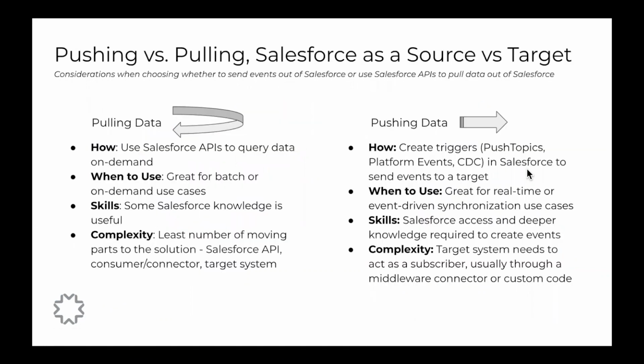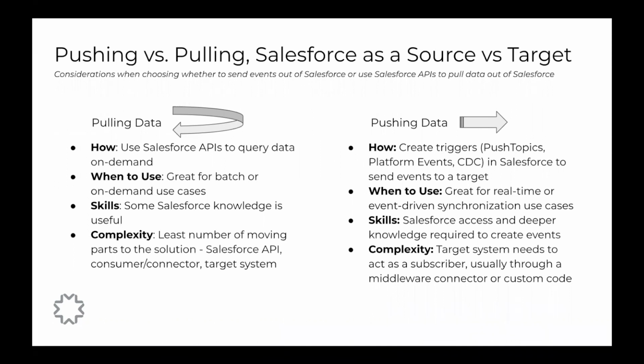So let's start with pushing versus pulling. This is an interesting thing to consider in terms of the direction of the data flow. For most of these use cases, we're going to be concerned with getting data out of Salesforce, but obviously Salesforce has a lot of capabilities to push data in both directions. The other point of clarification that I like to drive home is that there's a difference between direction of invocation and the direction that the data is actually flowing.